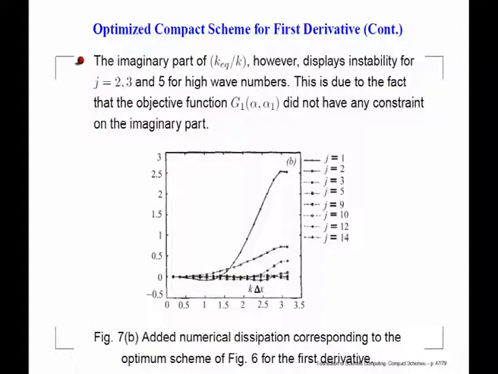Of course we should not be surprised, because we did not put any constraint on the G to avoid numerical instability, and we are paying the price here, right? So if we don't have any constraint on the G, we end up developing a so-called optimum scheme, which will have numerical instability. So I suppose we have now come to realize that even when we are trying to develop compact schemes, and if we keep the stencil like what we have done here, the basic stencil is given here, right?